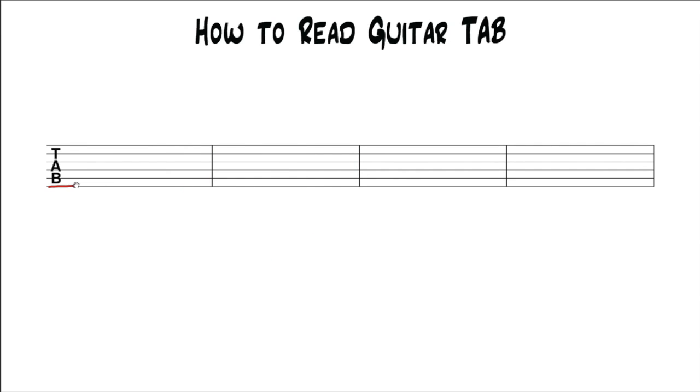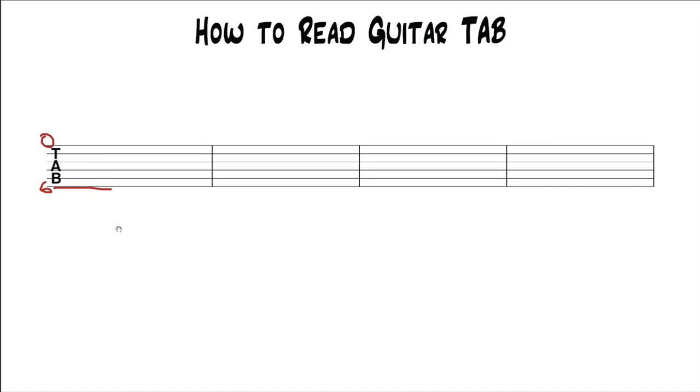So like I said, these horizontal lines represent your guitar strings, and this line down at the bottom represents your 6th string. This line at the top represents your 1st string, which obviously means that this is your 5th, this is your 4th, this is your 3rd, and this is your 2nd string. And if you've never looked at charts or diagrams like this or tab before, it may be confusing that the 6th string is right here. A lot of people would think that the 6th string was up here, but it's the opposite.